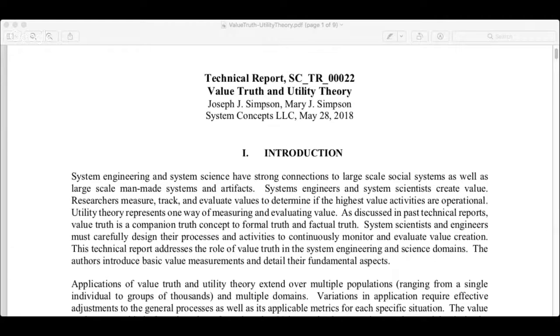Basically, value and utility theory, value truth, are used mostly in economics and in large-scale economic theory.